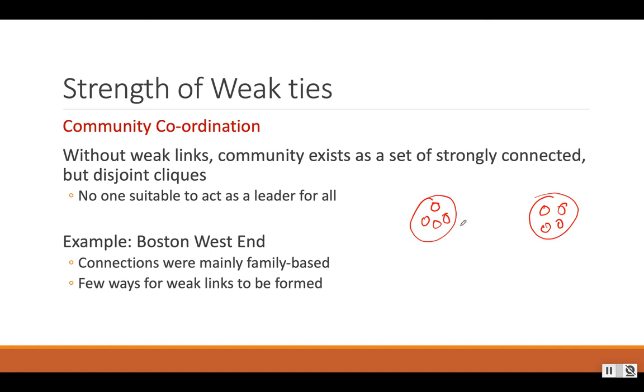These are all disjoint sets, and there is not going to be any leader who can act as a leader for every group. If there is no connection between these communities, there is not going to be any chance to bring all of them together.